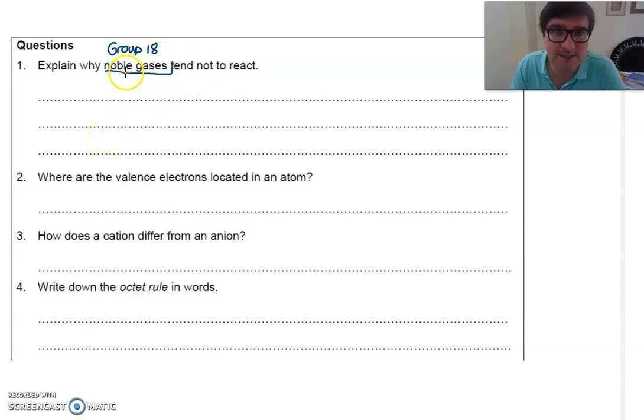Noble gases have full valence shells. They've got a full outer energy level. So therefore, they are stable because they have a sufficient amount of electrons in their valence shell. They've got full outer energy levels and therefore they do not react.